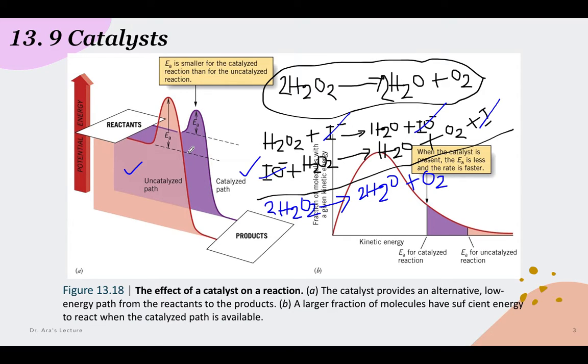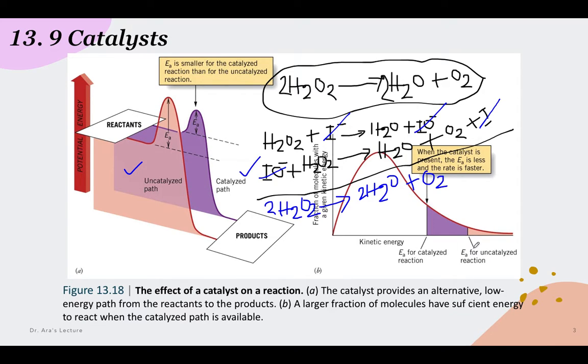In the uncatalyzed condition, the amount of activation energy we need to make a product is high; catalyst decreases the activation energy, and as a result the reaction rate is sped up and more product is formed.